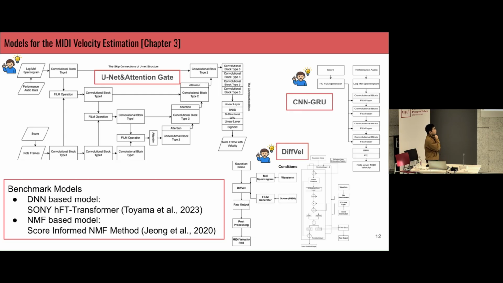So each of the 3 models has strengths to tackle this problem, so I chose the 3 models to try out. Then I set benchmark models. These 2 models are the benchmarks for my development. One of them is a DNN-based model developed by Sony, and another one is a non-negative matrix factorization model developed by Dr. Jung.